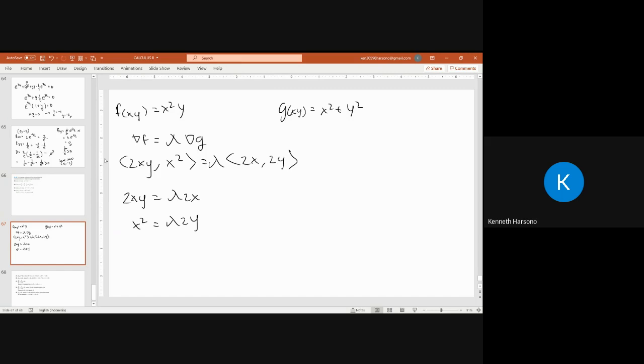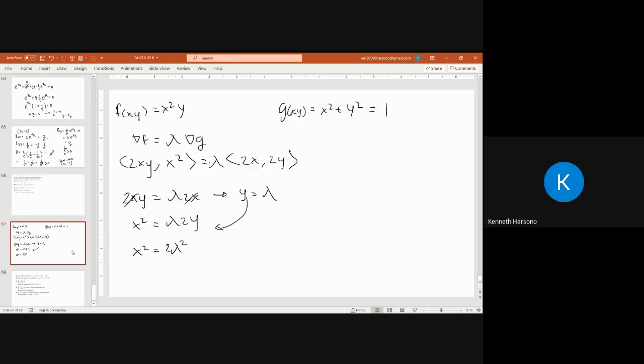Okay, so from this one, you can just cancel x. So y is equal to lambda, and substitute this one into this one. So x squared is equal to 2 lambda squared. Substitute this and put it back into our first constraint, which is equal to 1, right?